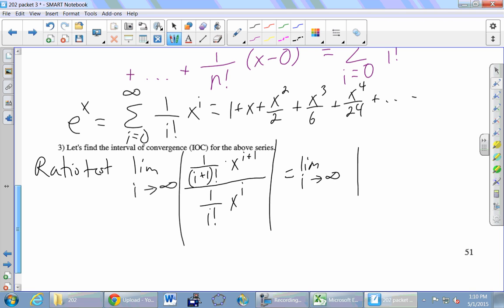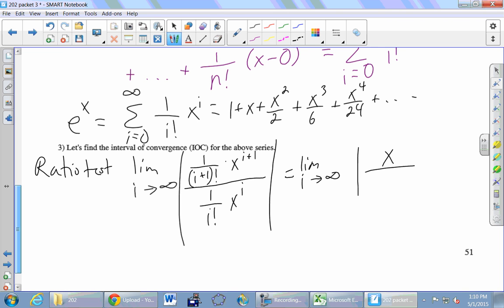Okay, let's do some canceling. We'll just imagine flipping things over because I don't want to write a lot. What happens to the x's here? 1 x left over on top. This I factorial flips over and goes all the way to the top. So what happens when I cancel some factorial stuff here? I plus 1 on the bottom.